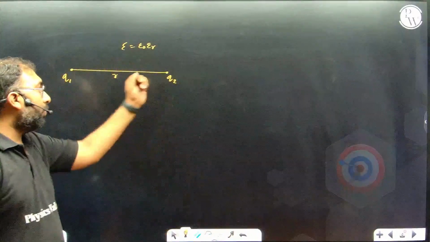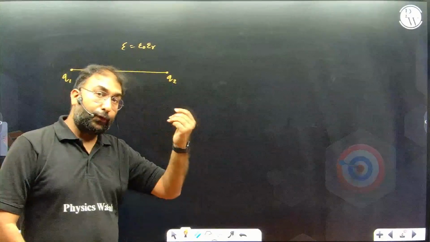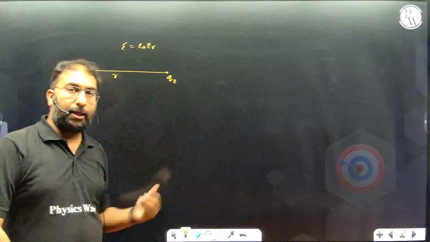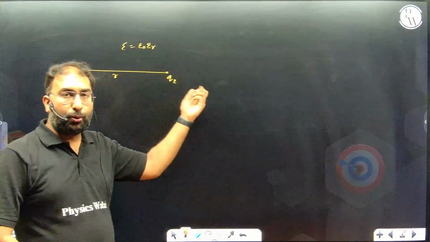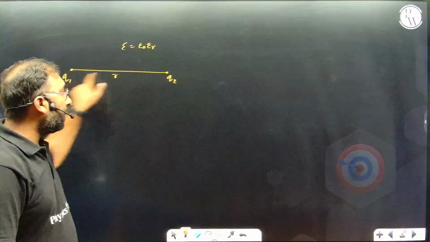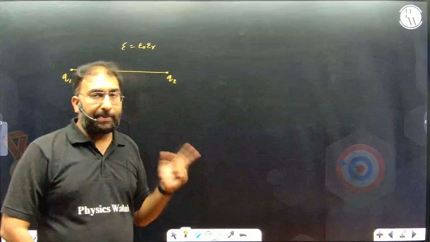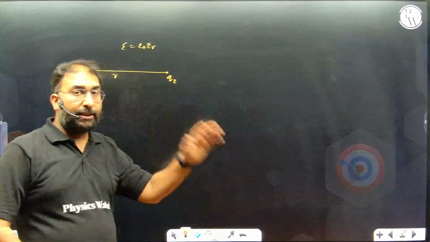If I am asking for the force acting on Q2 because of Q1, that will be the same, K Q1 Q2 by r square. But if I am asking for the net force on Q2, that will change, because one force will be exerted by Q1 and another force will be exerted by the charges produced as a result of polarization of the medium.